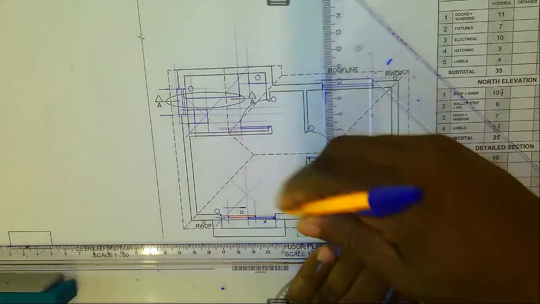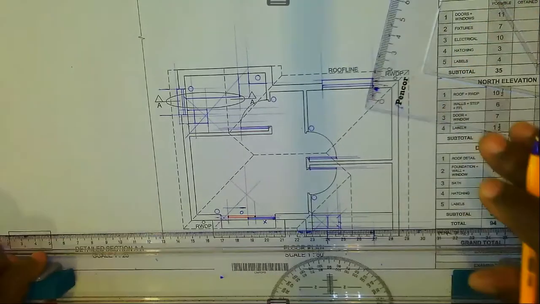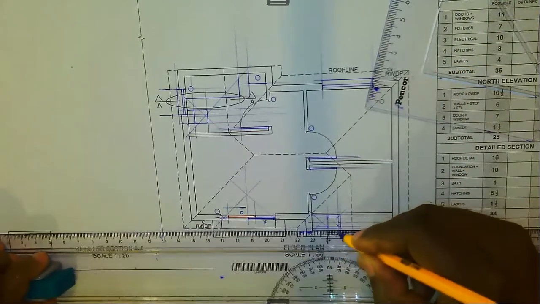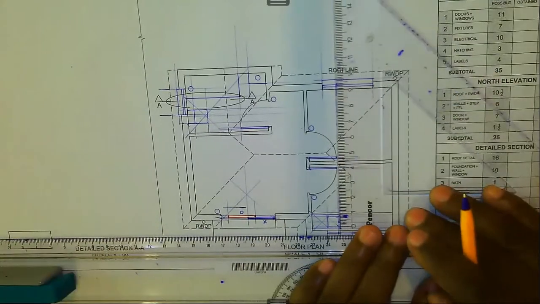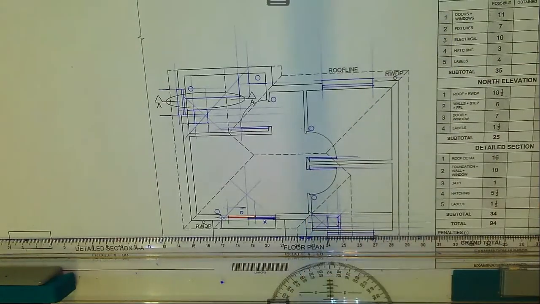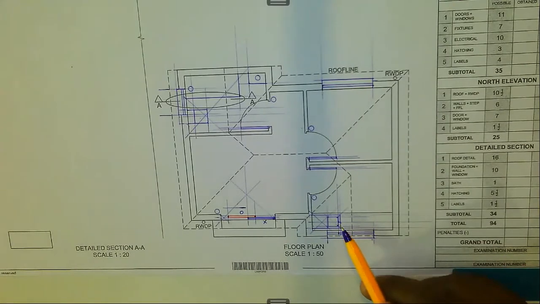We take this one down, and we close. That way, we have now defined the bowl in terms of our sink.